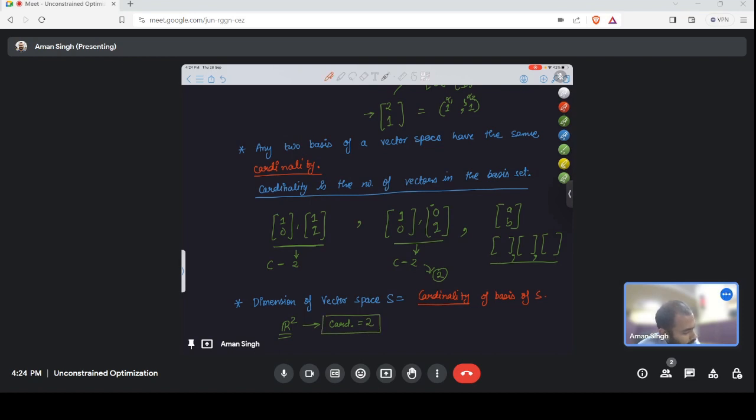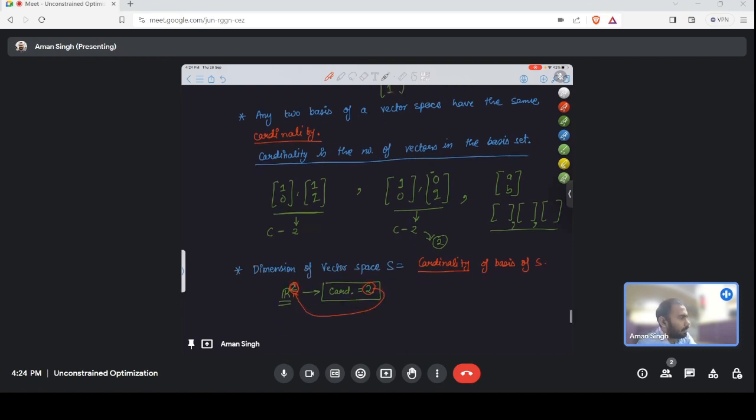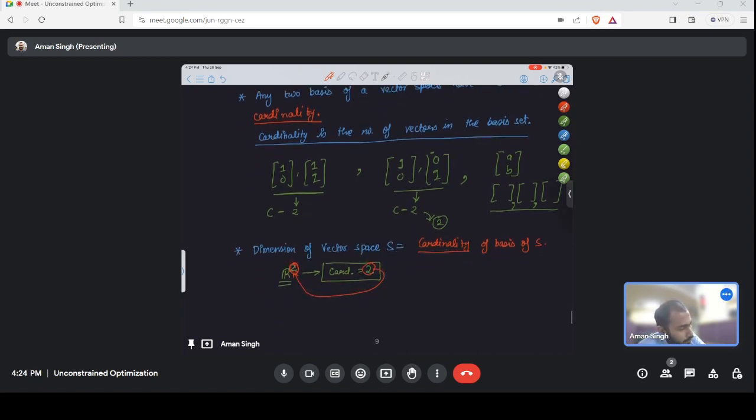So you see, the cardinality of the basis vectors is the same as the dimension. This is what the property says, and which means the dimension of Rn is n, and the cardinality of basis vectors of Rn is n.